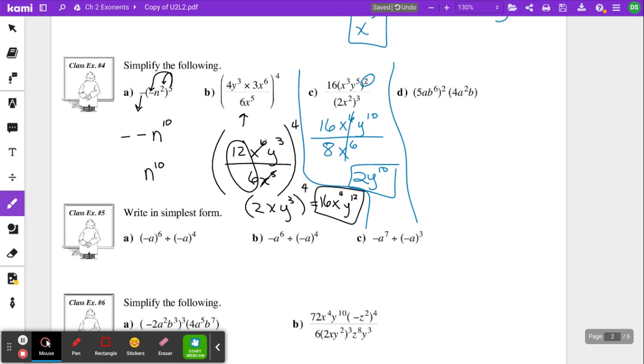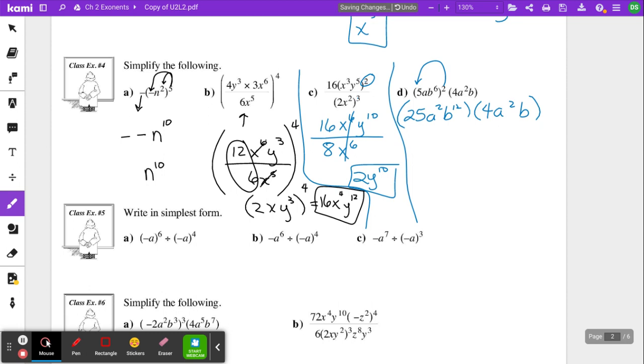One more of those lessons over there on the D. Is there anything inside the bracket to actually simplify? Can I squish anything that's in the brackets already? Can I put them together? No, we can't really. So if you can't do anything inside the brackets, let's apply this little guy first. He goes everywhere. So 25a squared b to the 12. Copy the brackets. I haven't done any multiplication between the brackets yet.